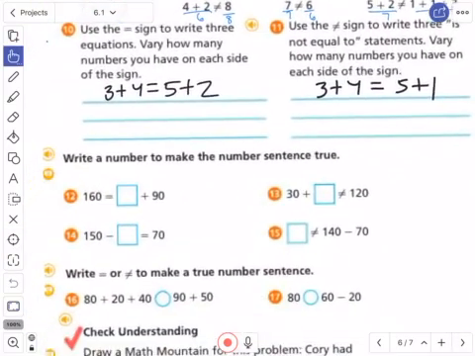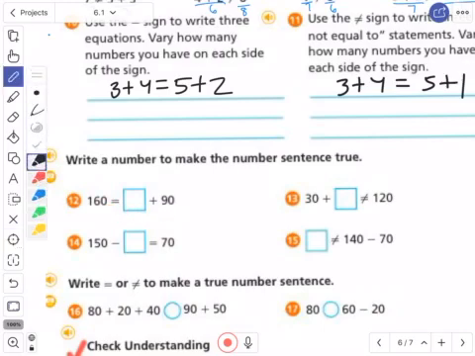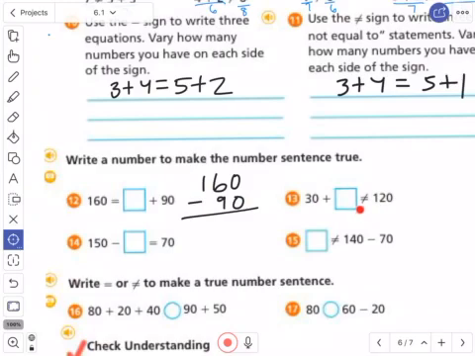And then, down here, write a number to make the number sentence true. So this says 160 equals blank plus 90. Okay, so I have to figure out what number goes in there. So if it's 90 plus something equals 160, remember I can change that. The opposite of addition is subtraction. I can do 160 minus 90 to figure out what's going to go in that box. This one is does not equal.